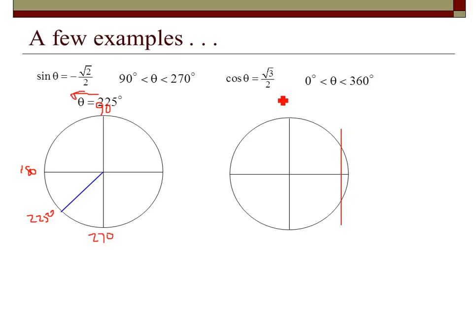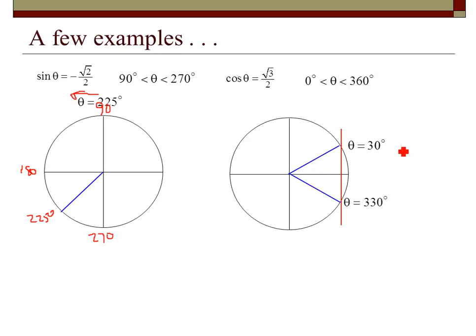So I know it's going to be one of my special ones, either 30 degrees or 60 degrees. I get two angles again. I get the angle that's here, and the angle that's down here. This angle is close to the x-axis. It's only a 30-degree angle. And then here is 360. If I go backwards 30, I would get 330.